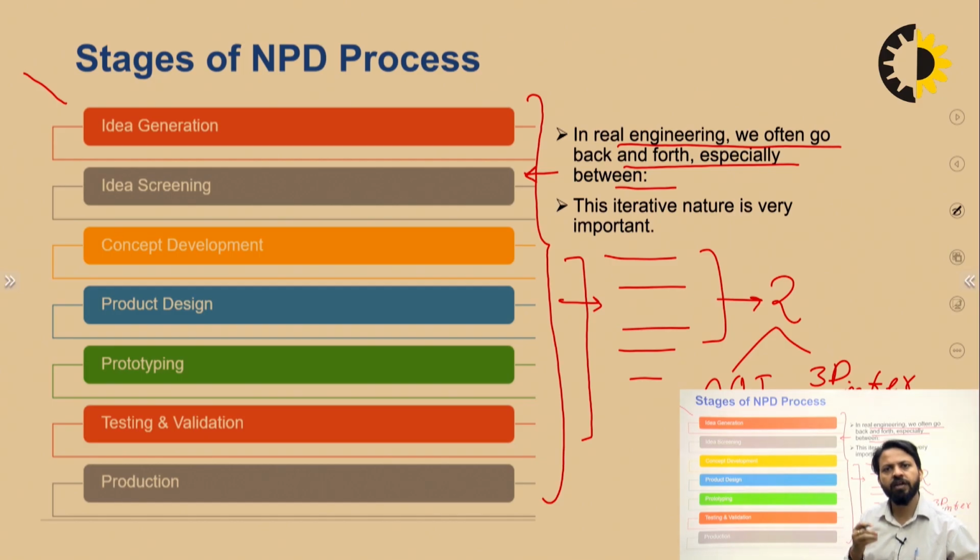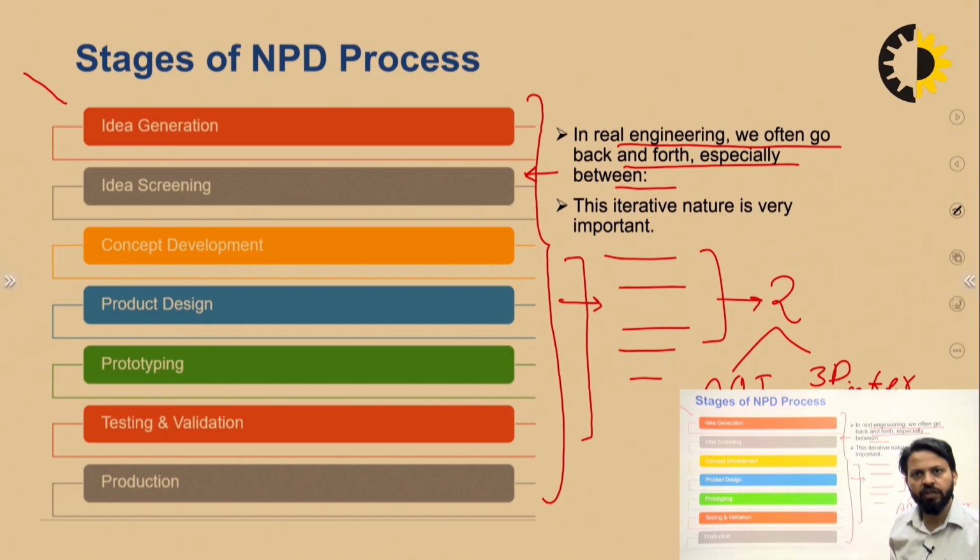You make the certain changes which are required to improve the performance of the product or the service. Again, you prototype it, again you test it, and you do this iterative cycle until you get your desired properties or characteristics in the product. So I hope this process of new product development should be clear.